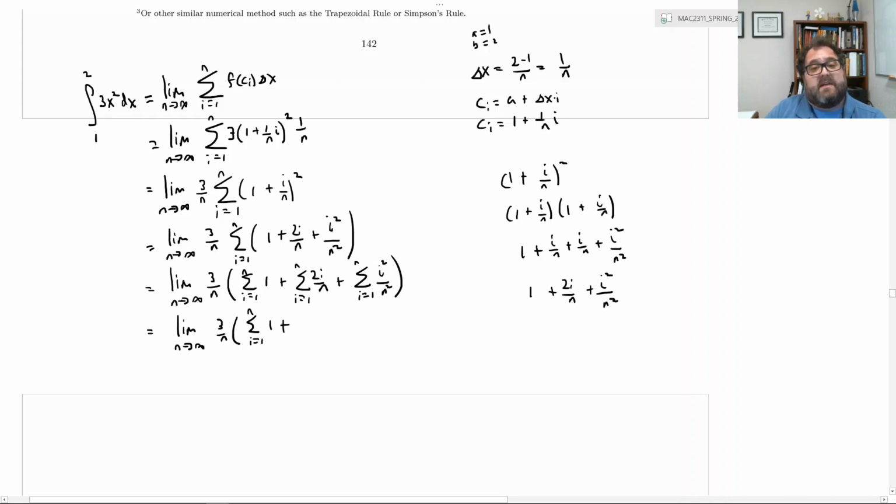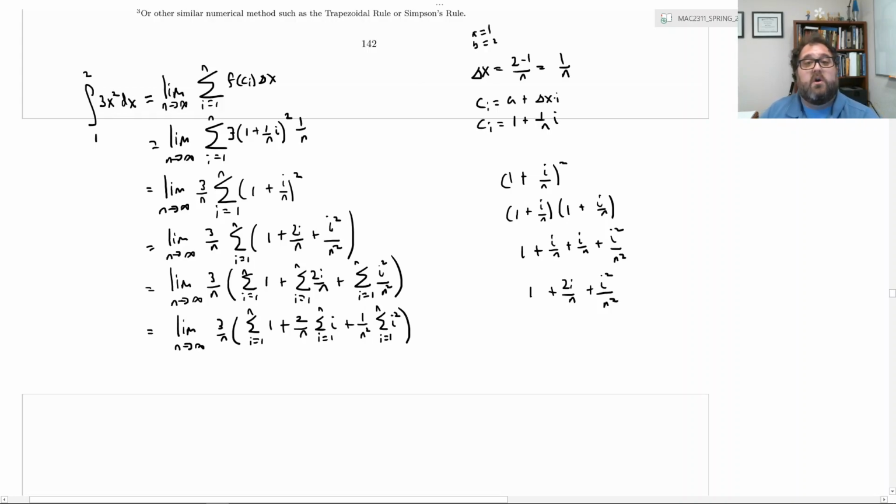Like I mentioned up at the top, the only thing that's changing in these summations is i. So I can factor out the constant multiple 2 over n times the sum from i equals 1 to n of i. Now, likewise, with this last summation, I have i squared over n squared. The n squared in the denominator is not changing. I can factor it out. So 1 over n squared times the sum from i equals 1 to n of i squared.